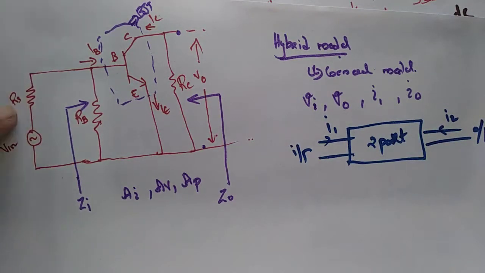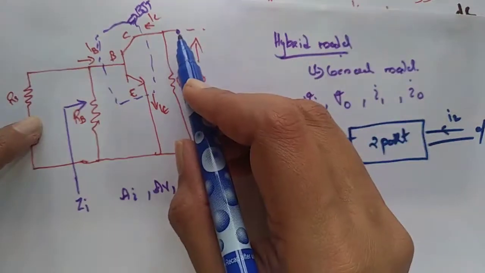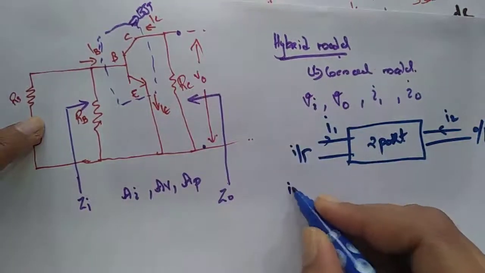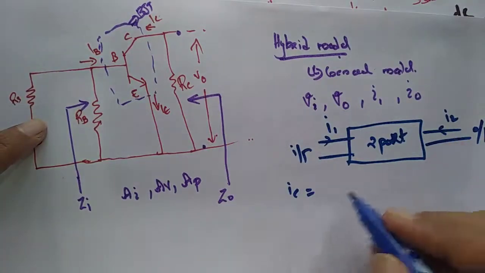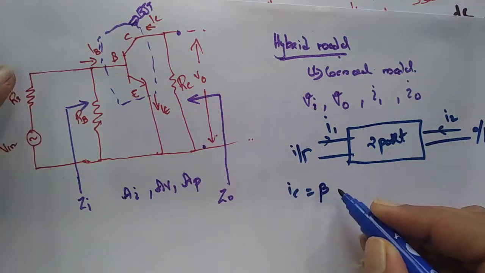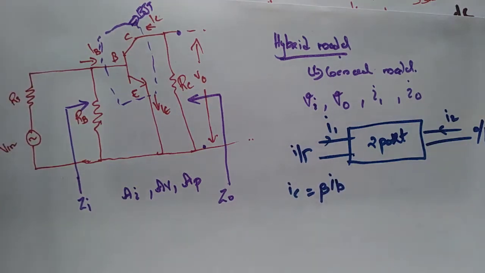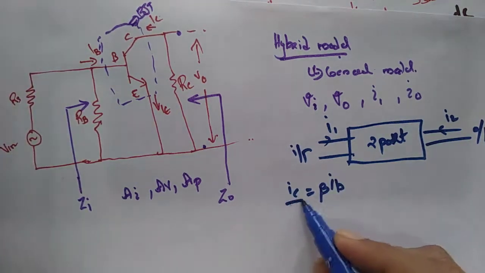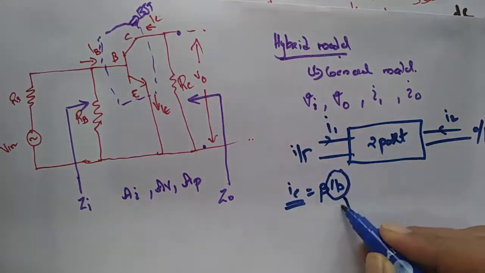For example, the transistor is current controlled. If I have to find the output current IC, how can I write it? This is the common emitter configuration, so IC is equal to beta times the input current IB. Which means my output current is a function of my input current.